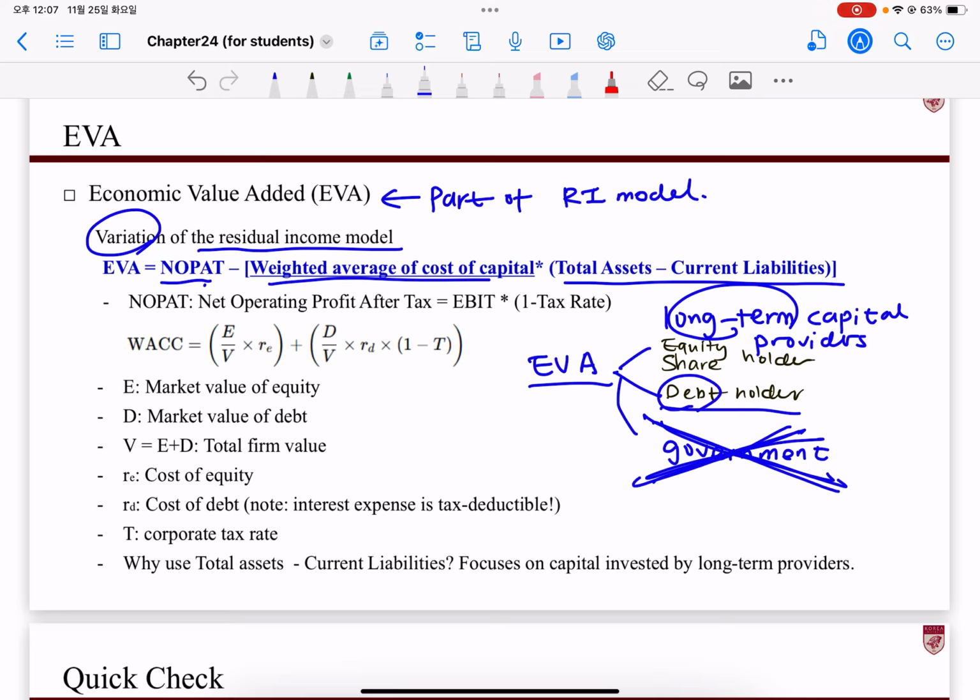Meaning there can be some liabilities that the company can make for a very short term. So that's called current liability. Okay, so this can come by financing within 1 year.